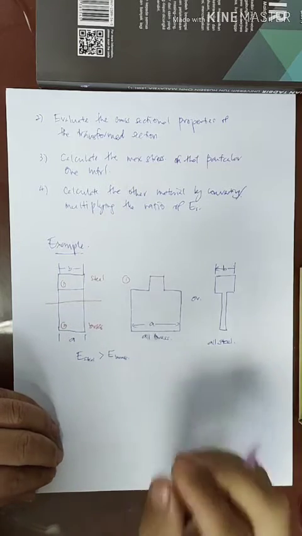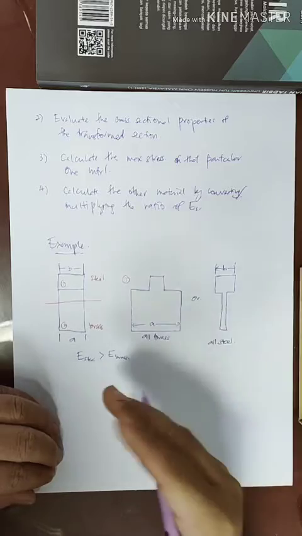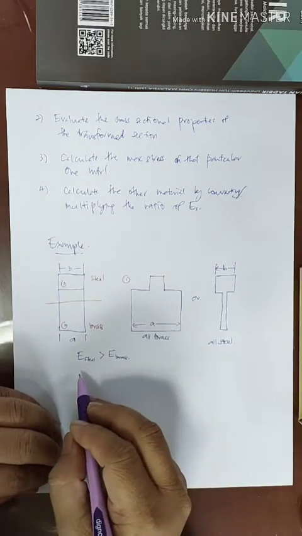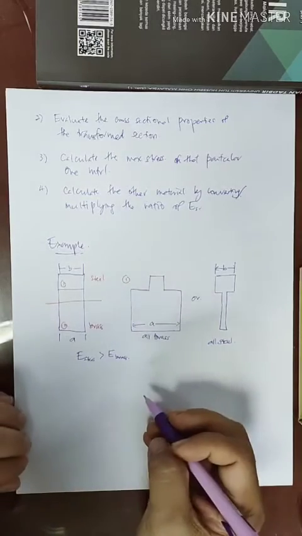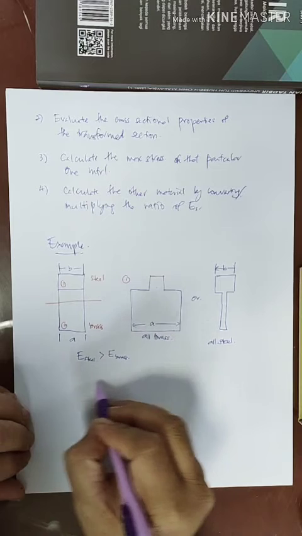So this is to ensure that all respective E's are followed. So how can we change into the ratio?